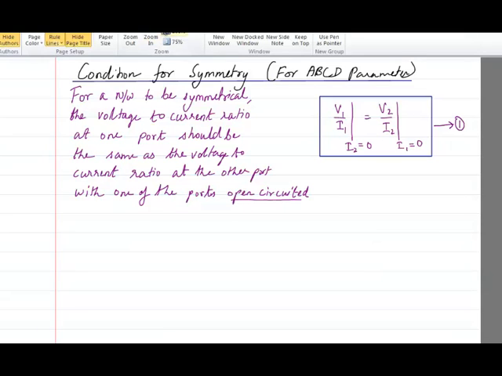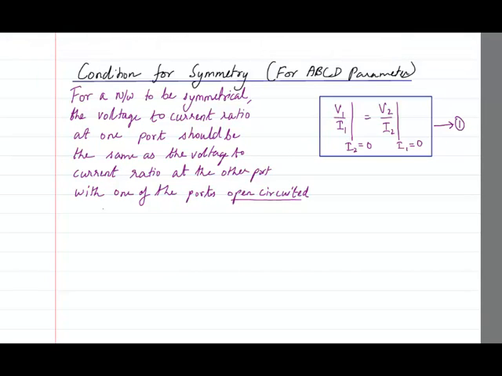First, the ABCD parameter is given by the relationship of V1 and I1 with respect to V2 and I2: V1 is equal to AV2 minus BI2, and I1 is equal to CV2 minus DI2.